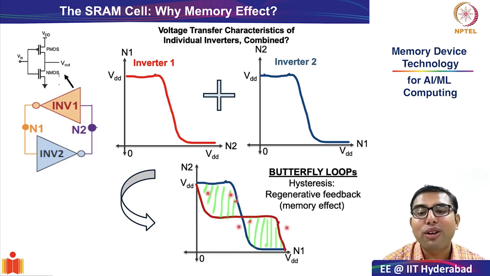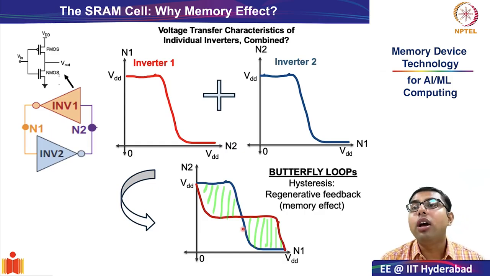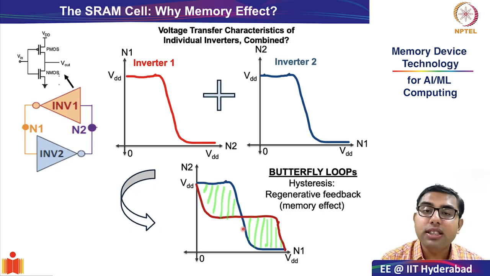See, it looks like a butterfly. It looks like two wings of the butterfly. So these are called butterfly loops or butterfly hysteresis. What is the meaning of hysteresis? Hysteresis refers to any kind of characteristics where a particular input value need not have a single output.